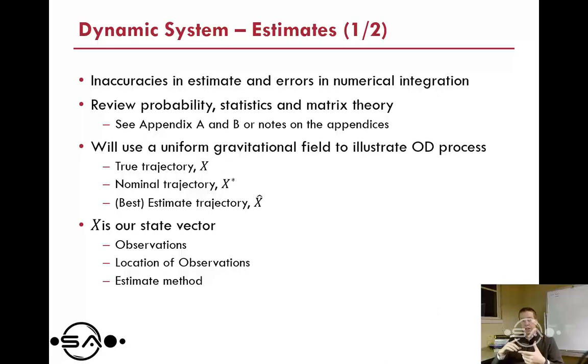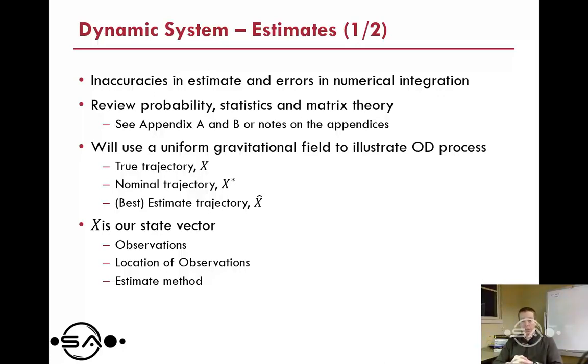We would see a true trajectory, where the satellite actually is; a nominal trajectory, which is where we want it to be if our model was perfect and our observations were perfect; and the estimate trajectory. Knowing that we have errors in our model and in our observations, the estimate is our best guess of where the satellite actually is.